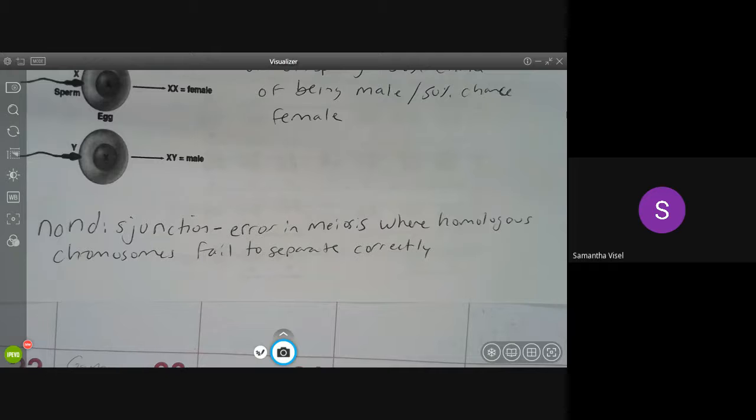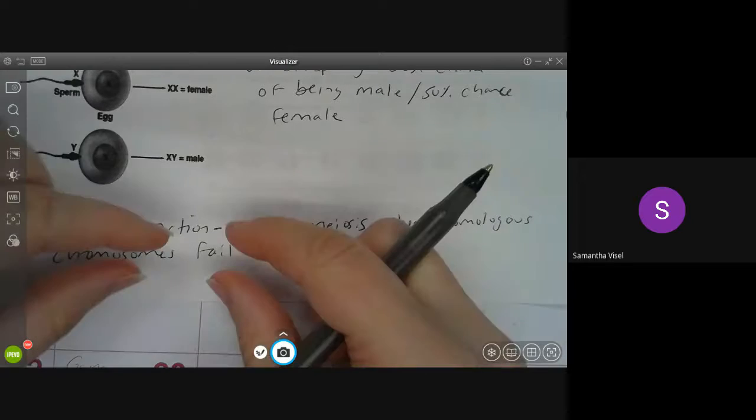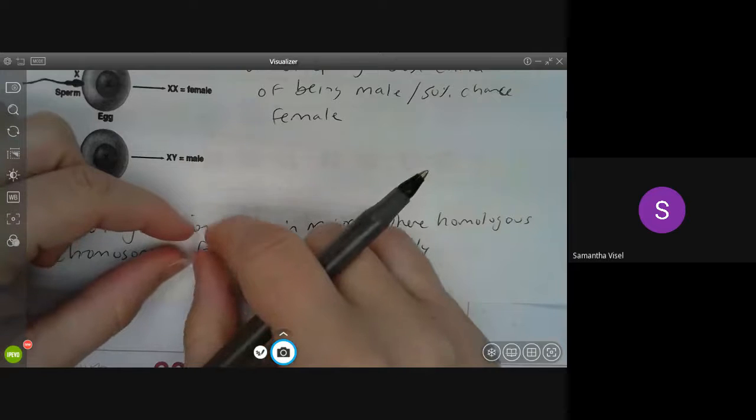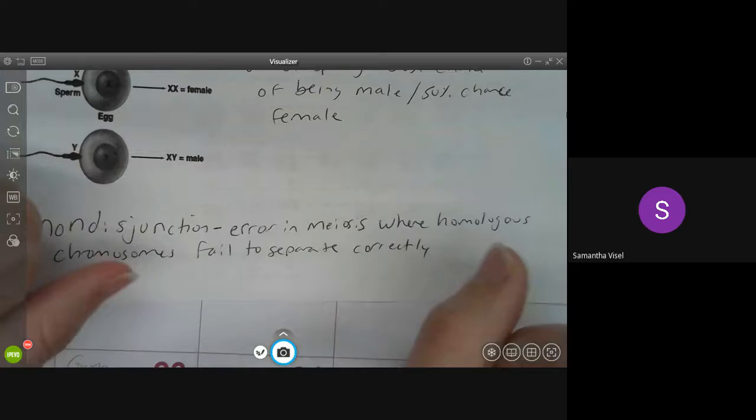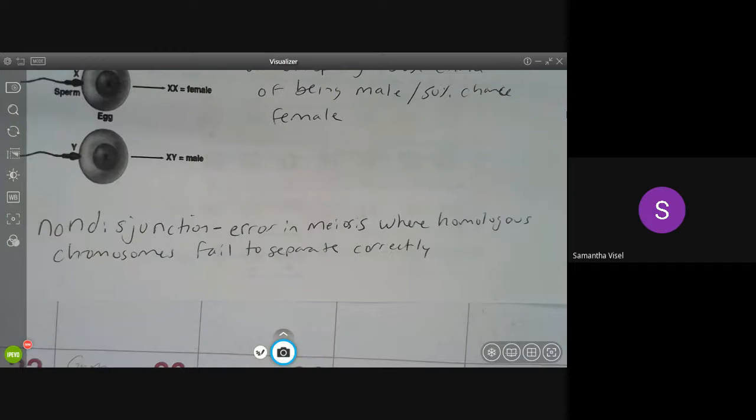So during anaphase, after they line up in metaphase, they split apart and separate. So if there's not an even separation, we could end up having one cell receiving more than one chromosome or one cell receiving less than they're supposed to receive, or maybe just a portion, maybe it separates in half.